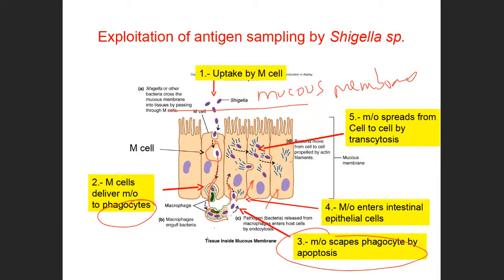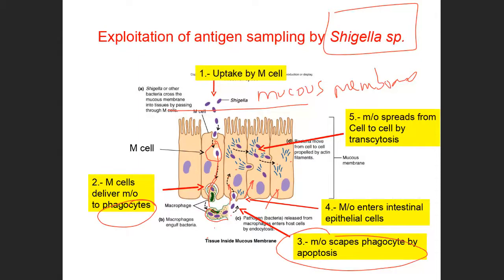So that's a strategy. Shigella does this. Shigella is a bacteria that causes a disease called dysentery, infects the GI tract, and that's how it invades, by taking advantage of the M cells, and then it stays pretty much in the lining, jumping from one cell to the next. And it causes diarrhea, actually causes bloody diarrhea. So that is a strategy.